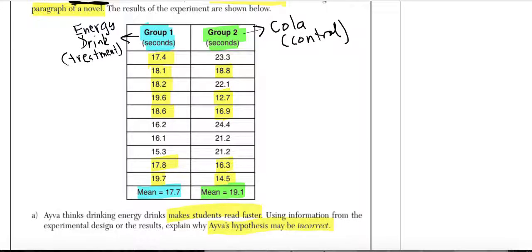The rest of them took extra long to read, so we don't know for sure that it's because of the energy drink, or was it just because of the randomly who was put in each group, right?